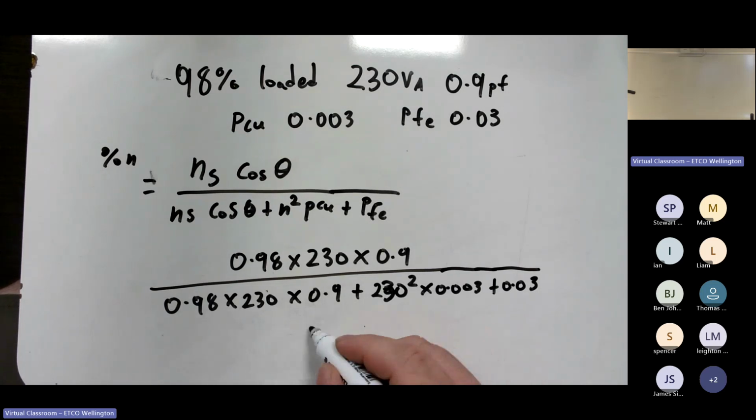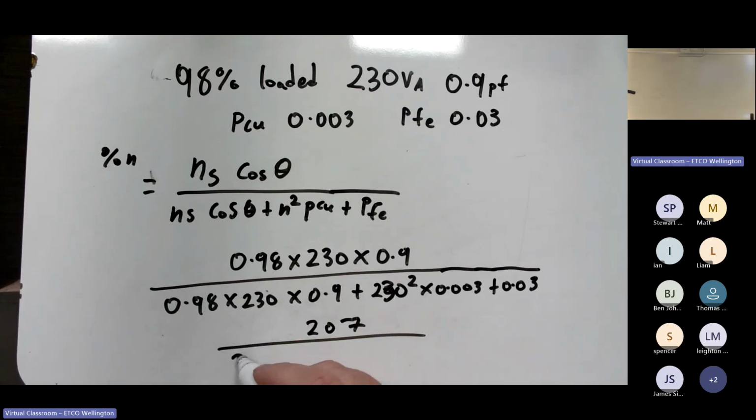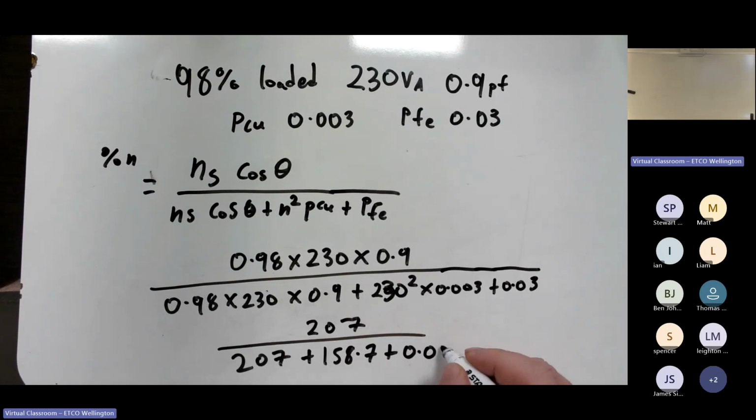So it works out to 207 over 207 plus 230 squared times 0.003, which is 158.7, plus 0.03.